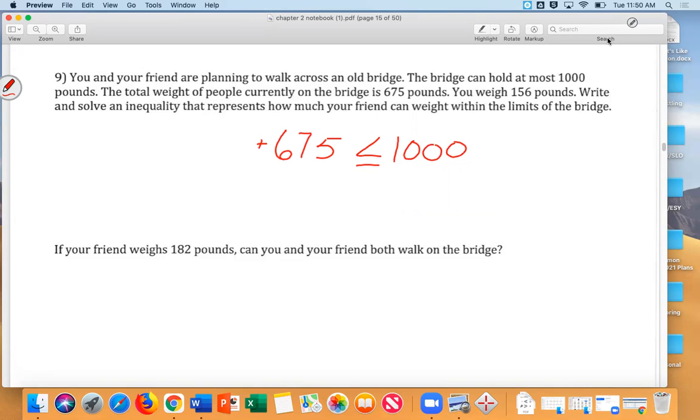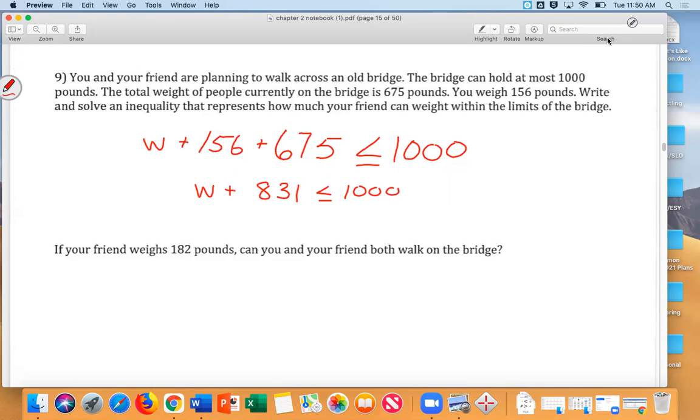How much do you weigh, Mike? 156 husky pounds. And we want to know how much weight can be left to go on the bridge. Now, Mike, what's 156 plus 675? 831.